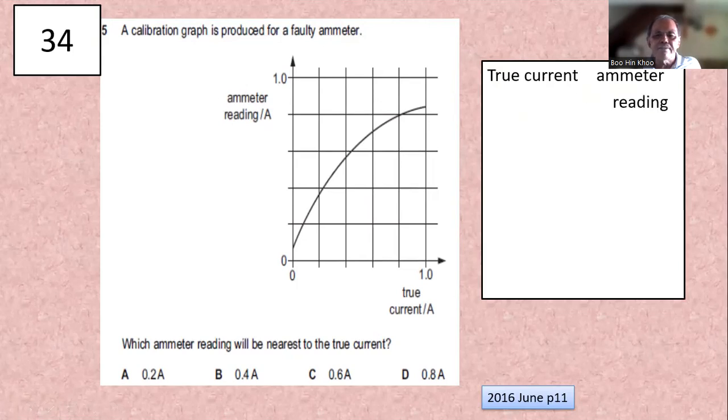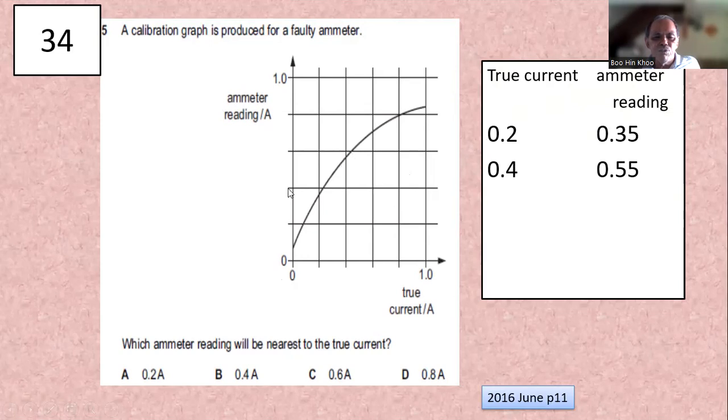This is 0.2, 0.4, 0.6, 0.8, and 0.0. So for 0.2, this one is the same. For 0.2, this one is about 0.2. This one is 0.3, center there, 0.35. 0.4 is this one.